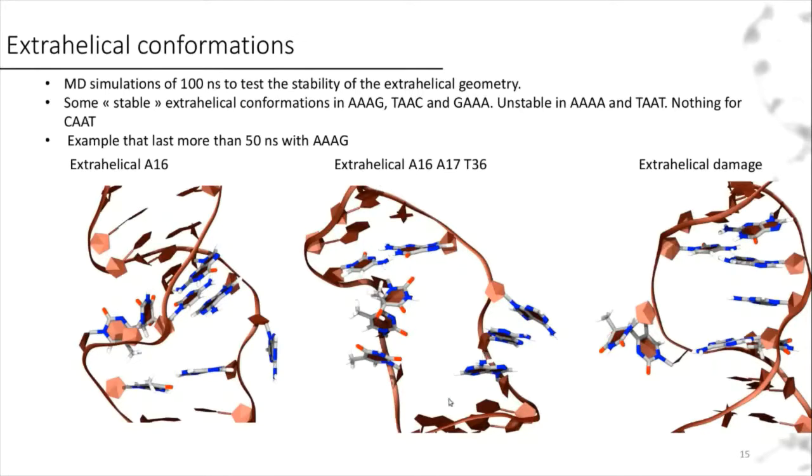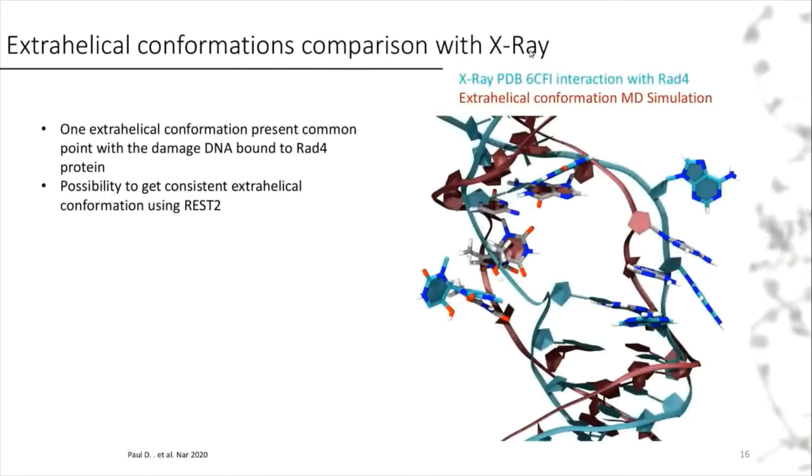But for AAA and TAT and CAT, we have no stable extrahelical conformation. This one is very interesting because if you draw together this conformation and the one from the X-ray structure with Radford, the one that I showed before, you see that you have some similarities, saying that we can find conformations that are quite close to experiment and with proteins. So it's very encouraging for what follows.